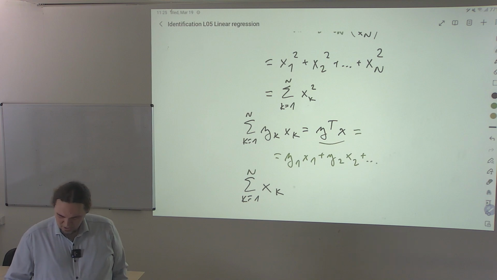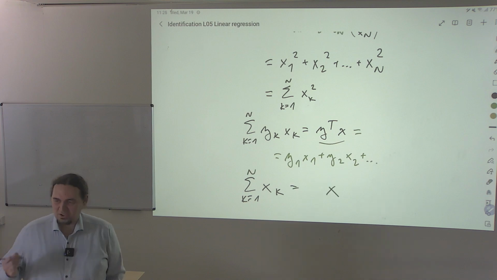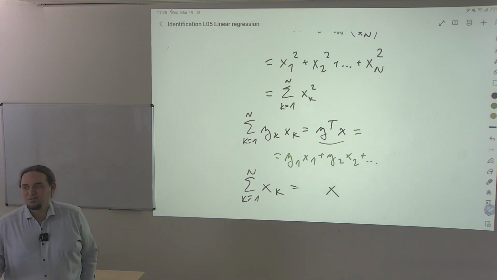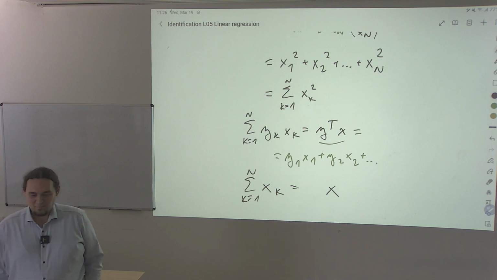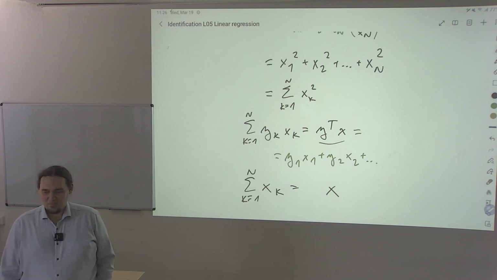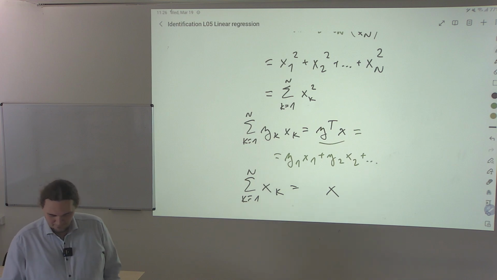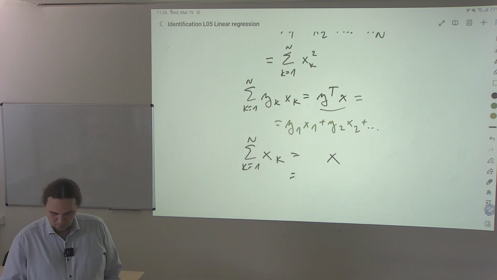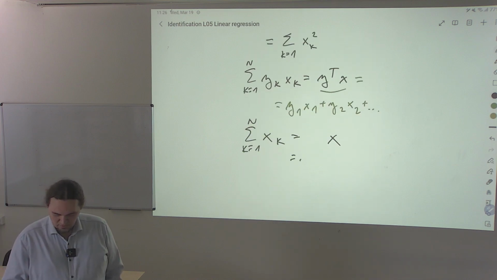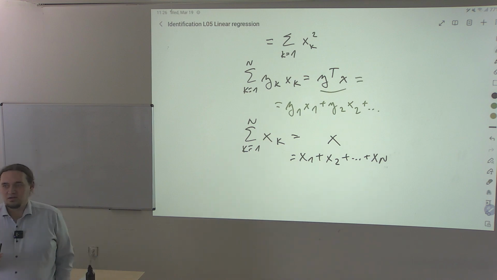So I represent this sum and I want to use x here as a vector. So this sum is x1 plus x2 plus and so on until xn.